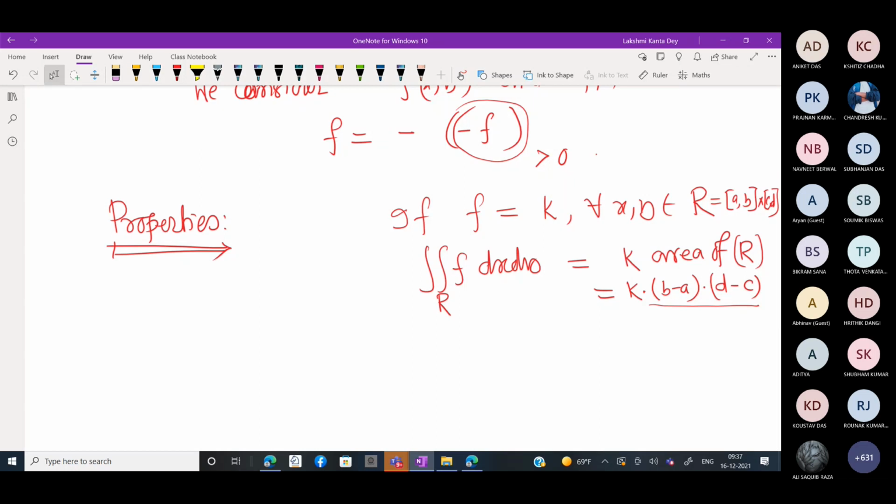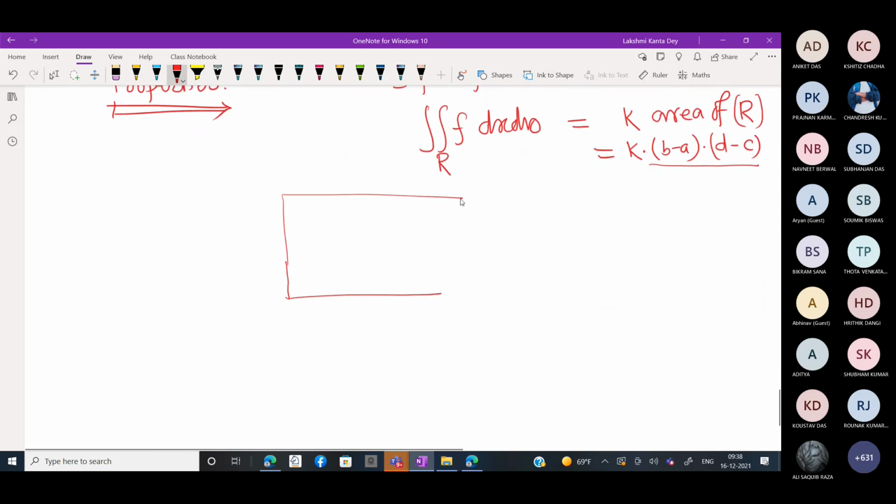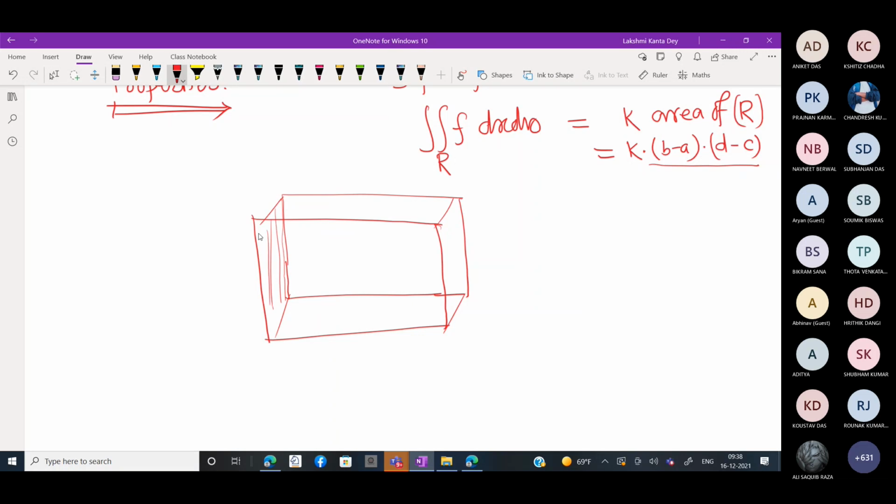Another thing, in case of double integration, if I would like to give some flavor of what is actually happening: all of you know the pack of playing cards, right? It is something like this. How many cards are there? There are 52 cards.